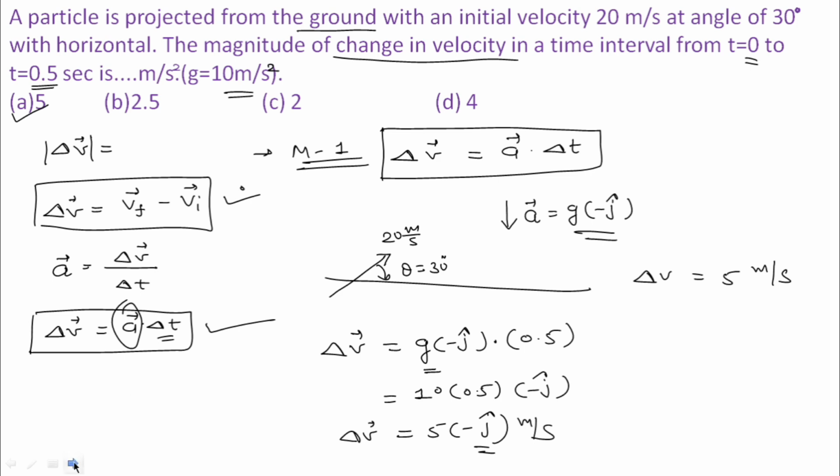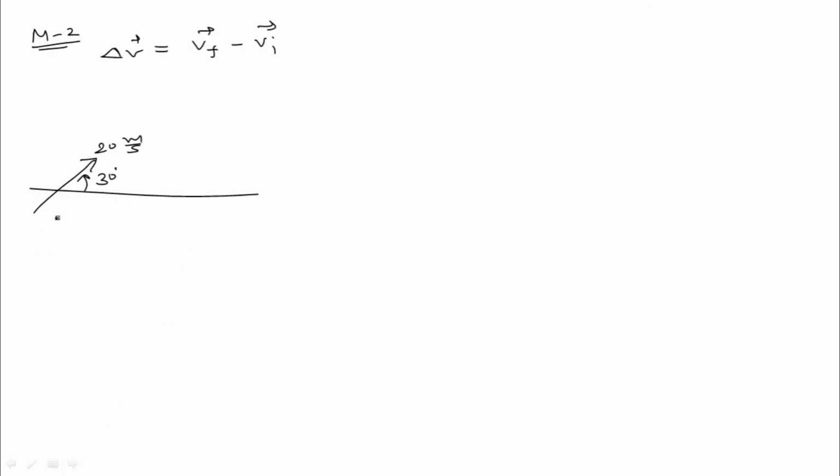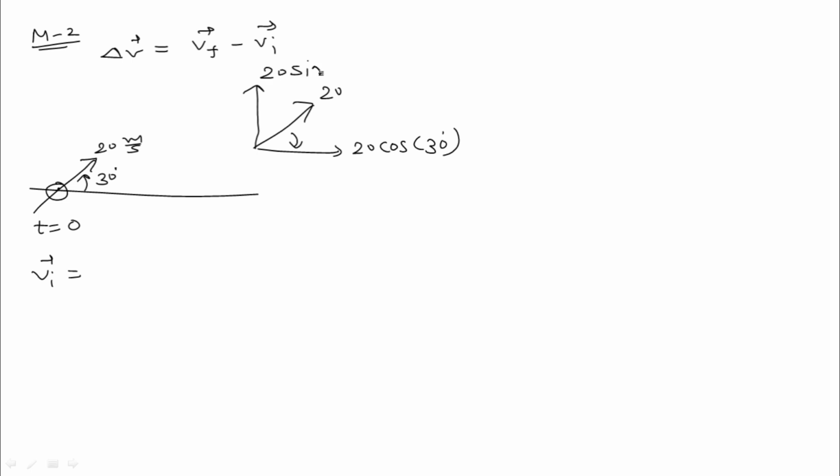So what is the initial velocity at time t is equal to 0? Initial velocity vector would be, taking the components of 20 meter per second along the x-axis, 20 cos 30 degree positive value, and along the y direction 20 sin 30 degree.